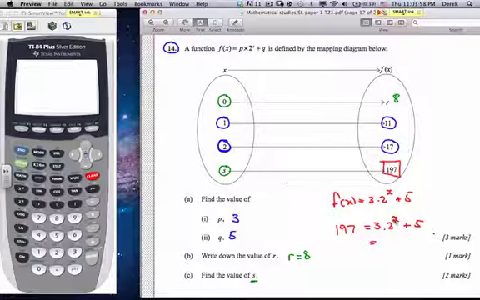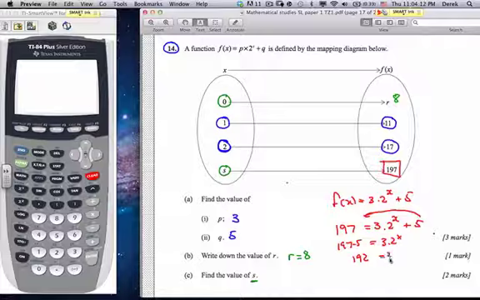So I just need to do some bit of dividing here and simplification. I take the 5 over the other side, it becomes negative 5, so 197 minus 5 is equal to 3 times 2 to the x. That's going to be 192 is equal to 3 times 2 to the x. I'm going to divide both sides by 3 like that.